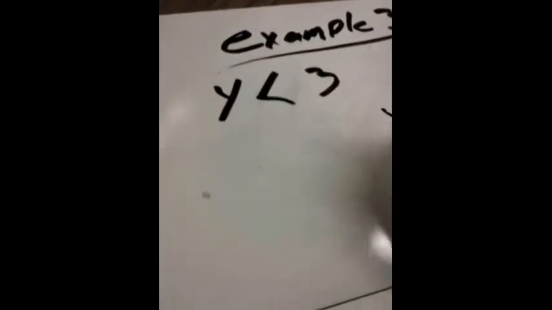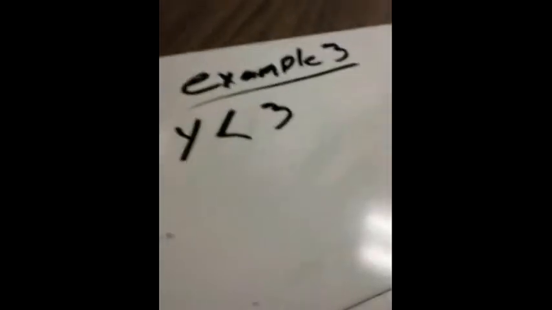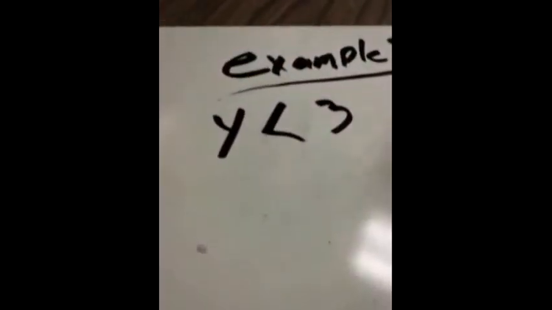Alright, here's example 3. y is less than 3. So this is sort of like x is less than or equal to negative 2. These are going to be the same thing, which we did in the last example. So let me erase it. We can't do anything for it.